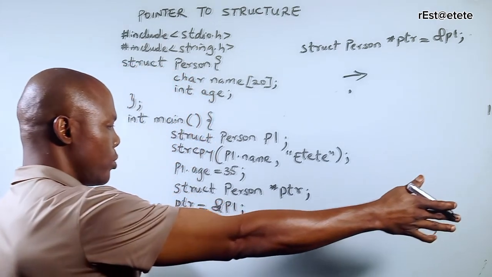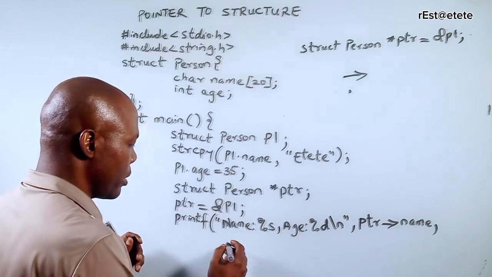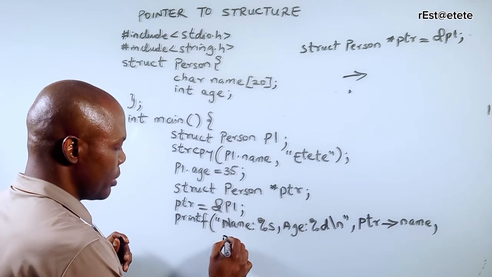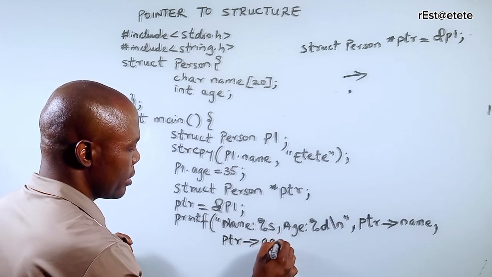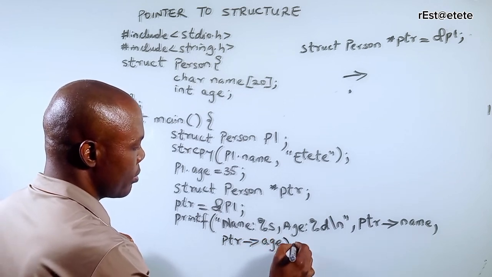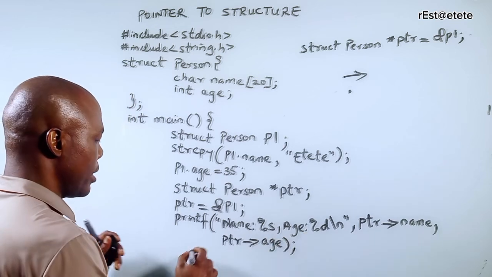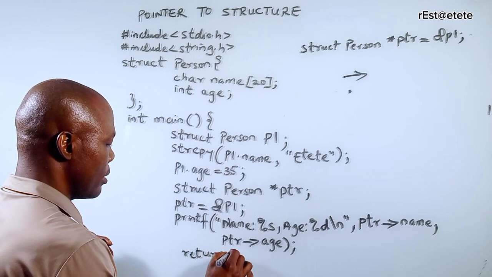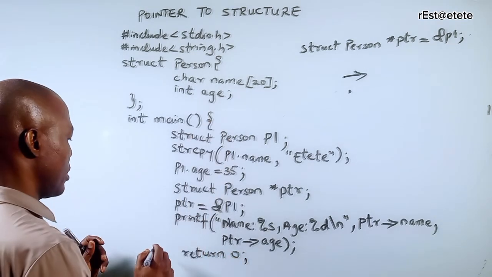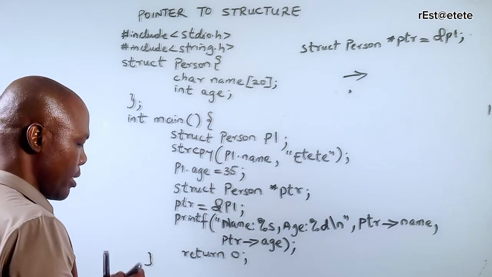So ptr arrow age, right? I will close this. Then I will say return 0, and close it here.